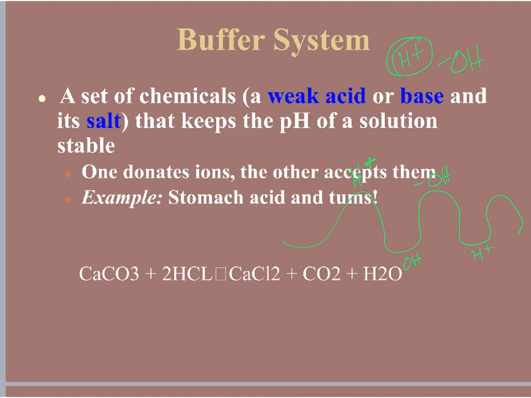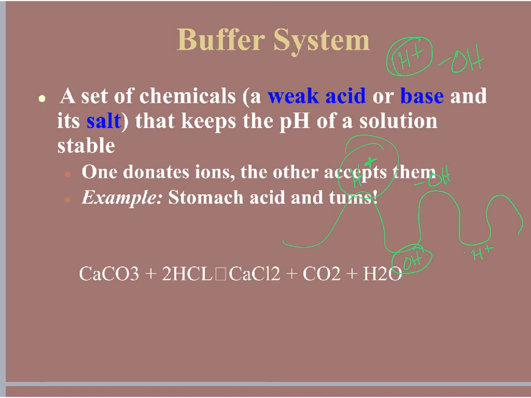And this is exactly what happens when chemical reactions occur. There's this fluctuation in the concentration of hydrogen ions and hydroxide ions because chemical reactions are constantly occurring in living systems.